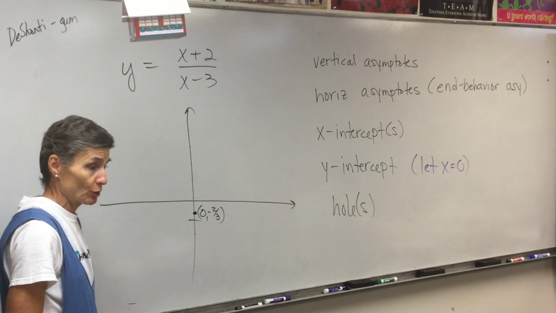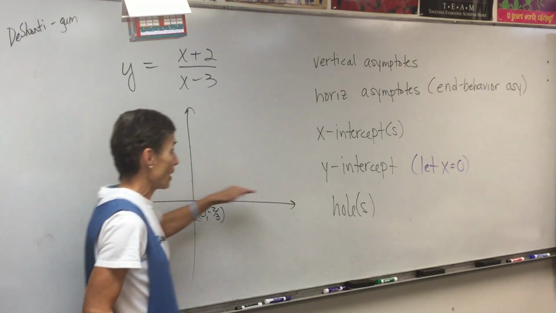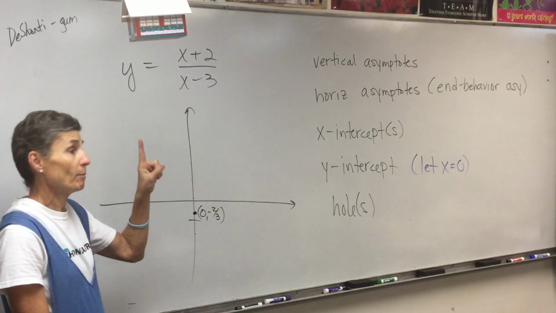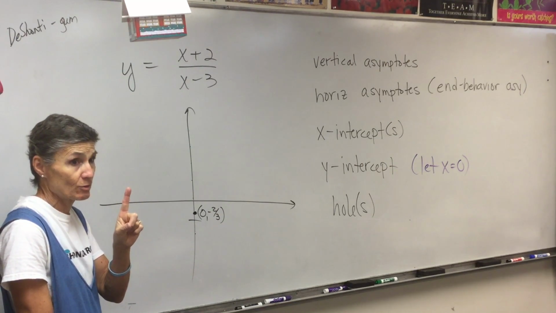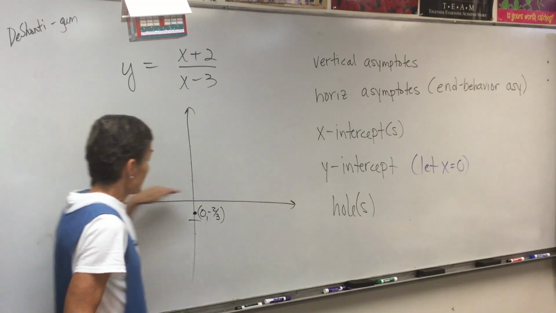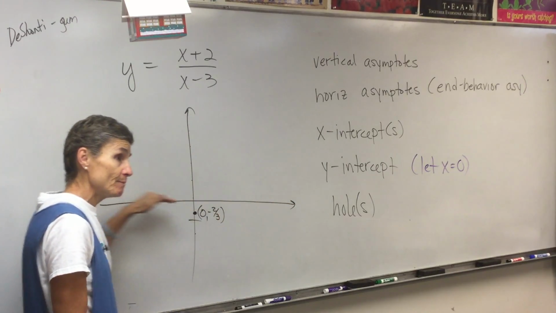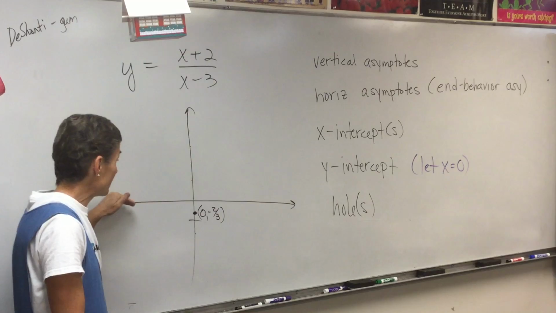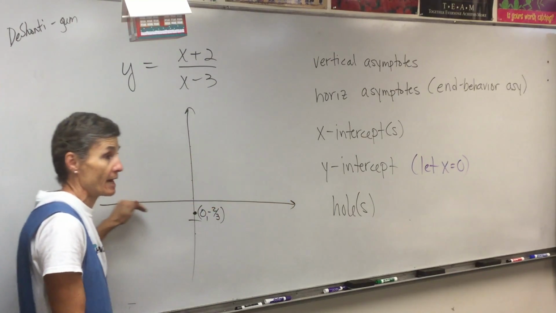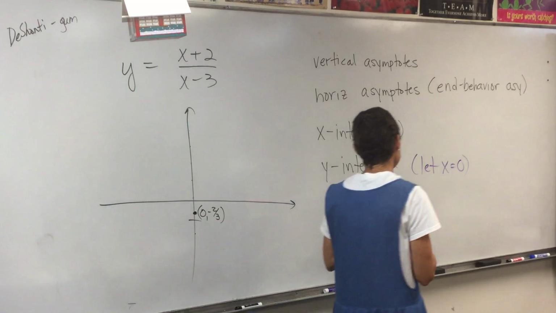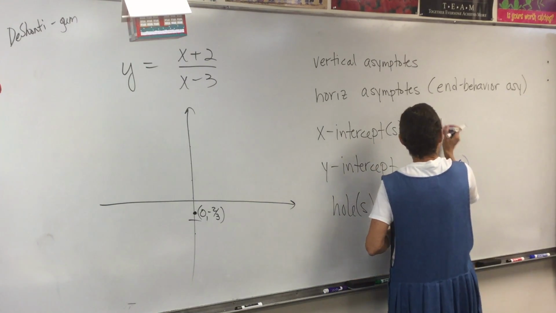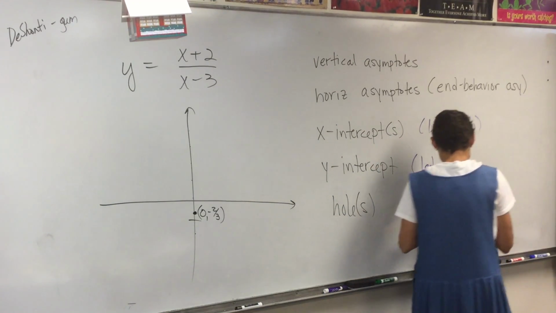Now, similarly, if I'm looking for X-intercepts, and this problem only has one, but it is possible to have more than one X-intercept, it's going to be here, right? And what can you tell me about every point on this line? Y is 0. So if I'm going to find the X-intercepts, I'm going to let Y equal 0.